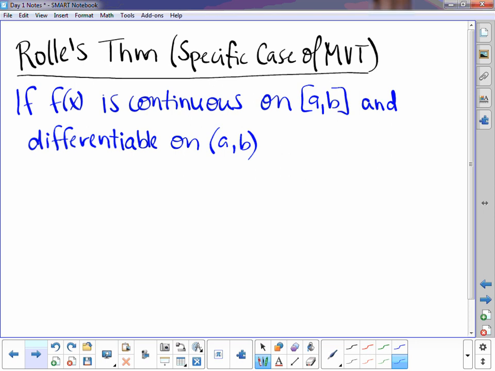Okay, so it's still mean value theorem, just a special case, or specific case, so we still have the same requirements. Continuous on the closed, differentiable on the open.